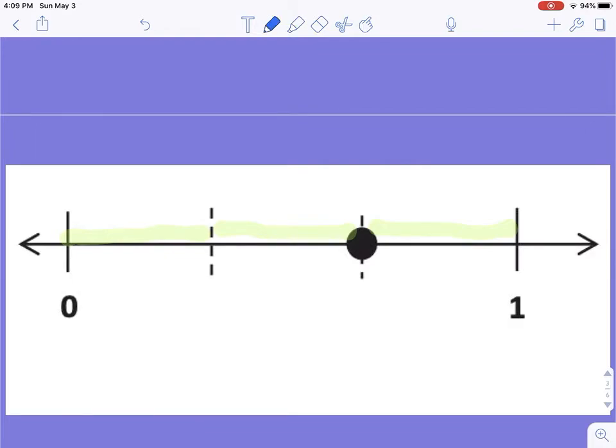So I'm going to label those thirds. 0 thirds, 1/3, 2/3, and 3/3. Okay, and I'm going to do the same thing with those 6. I'm going to label that again. So I'm going to divide this into 6 equal parts now.